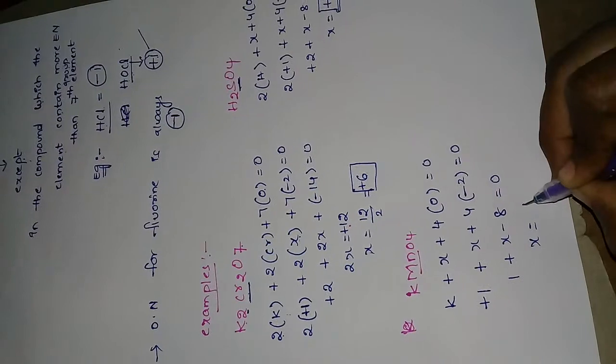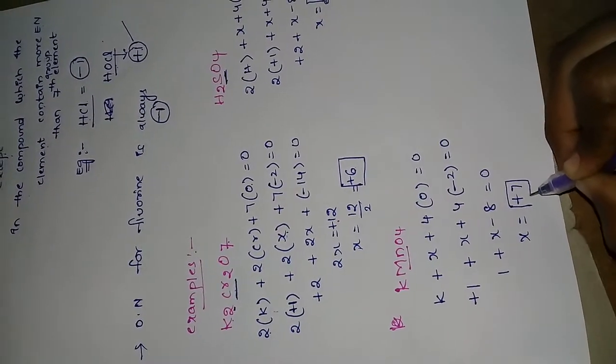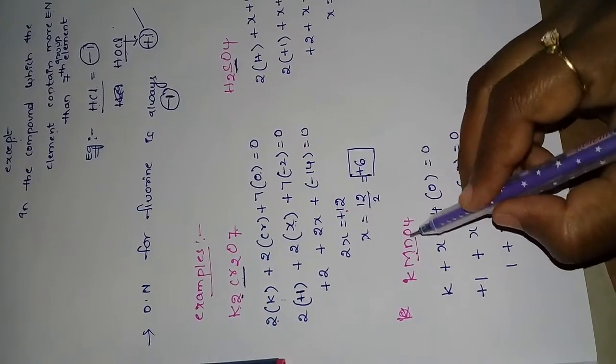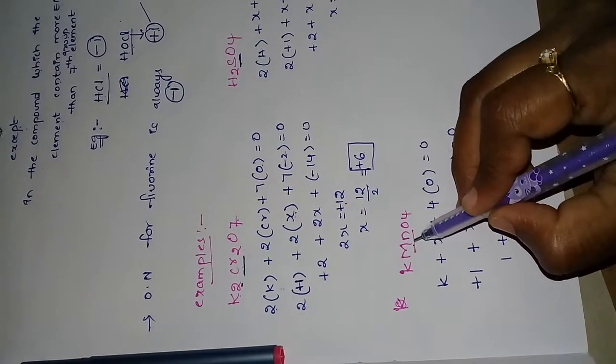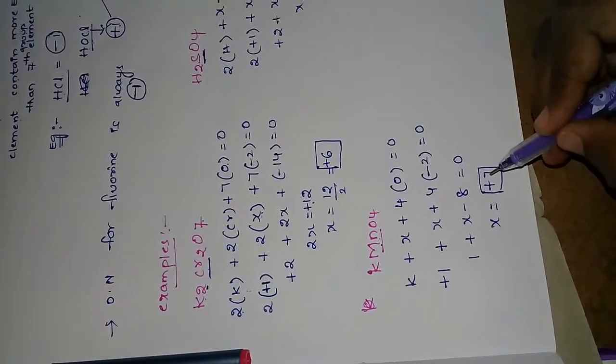X is equal to +7. Here in KMnO4, oxidation state for manganese is +7.